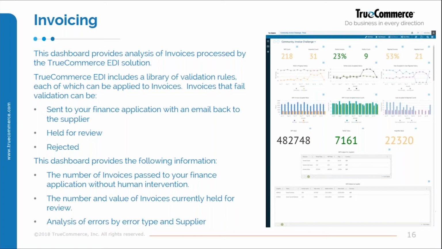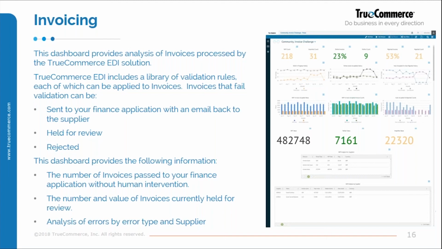For invoices that fail these validation checks, a number of pre-established outcomes can be applied, and these include forwarding the invoice to the customer finance system, but with an email acknowledgement back to the vendor acknowledging a potential issue, holding invoices for review by the customer to either subsequently accept or reject, or rejecting invoices which are then sent back to the vendor for review.